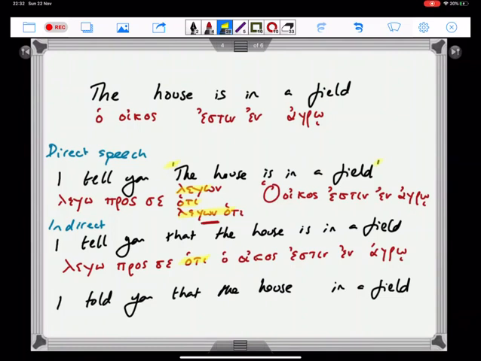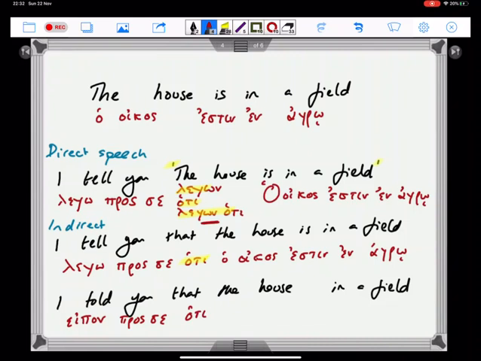There's one last thing to think about with speech, and that's what happens if you change tenses. If I change the tense of lego, I tell, to I told, in Greek that's going to be eipon, so regular, we'll look at that in chapter 11. Eipon pros se, I spoke to you, I said to you, hoti.